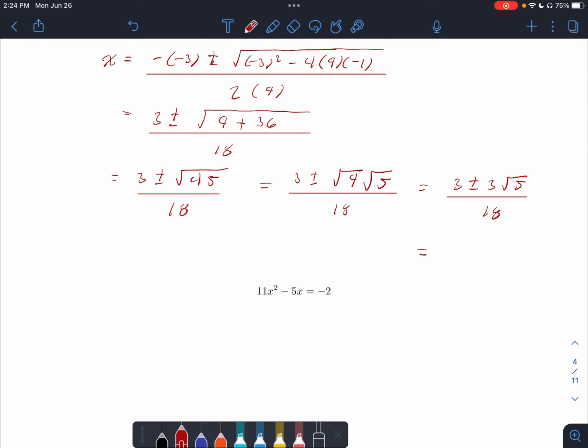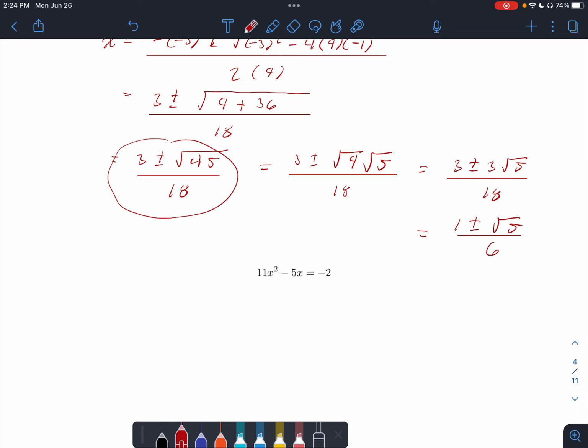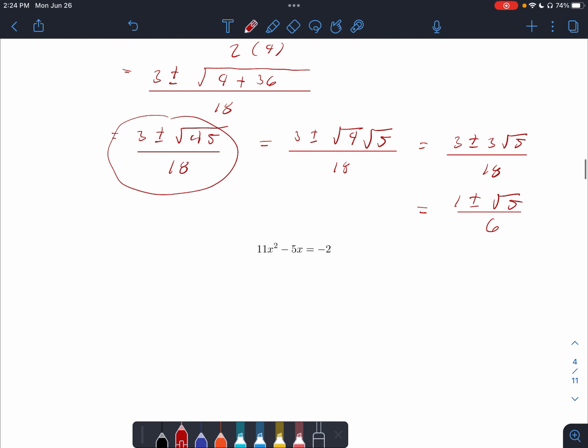If we pull a 3 out, we'll end up with 1 plus or minus the square root of 5 all over 6. Okay, if you left it like this, I would still count that as correct, because I know on the homework they didn't always have you simplify it fully, but this is probably the more preferred way to do it. If you could simplify it all the way, that's usually the way to go.